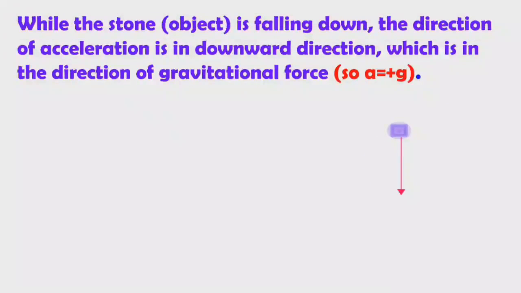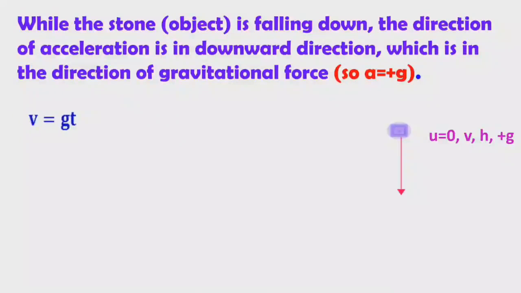Here we can see a freely falling body. For a freely falling body, initial velocity u is 0. Remember, for a freely falling body, initial velocity u is 0. Slowly its velocity increases. v is there, h is the height from which it is falling, and a is plus g.